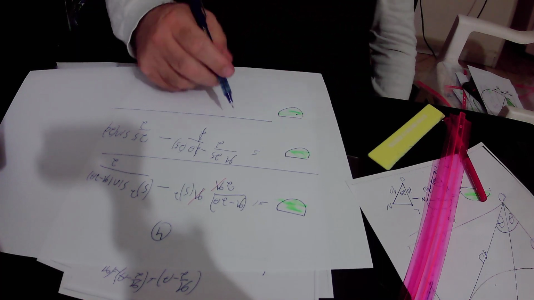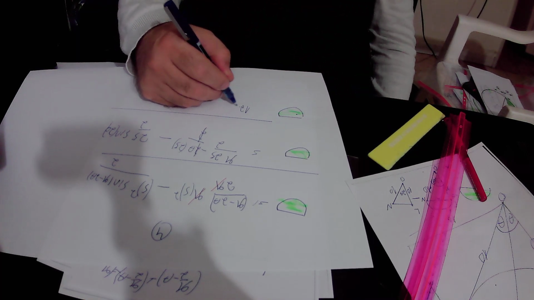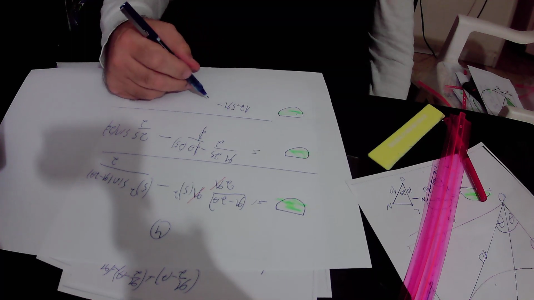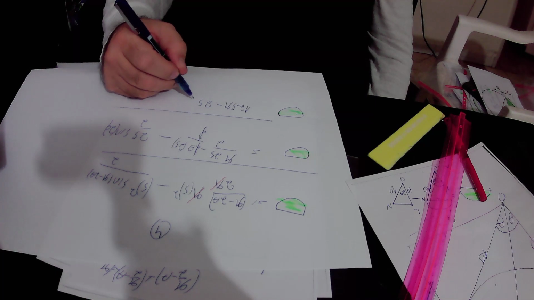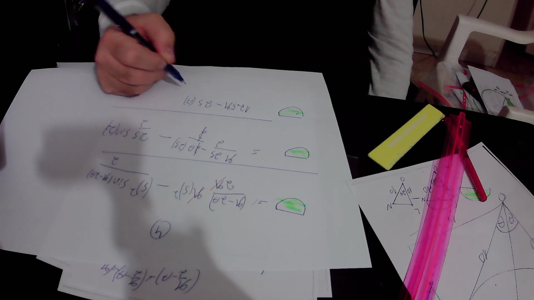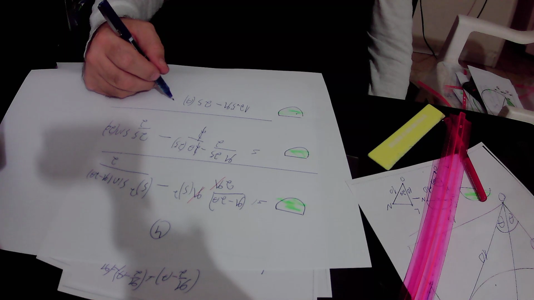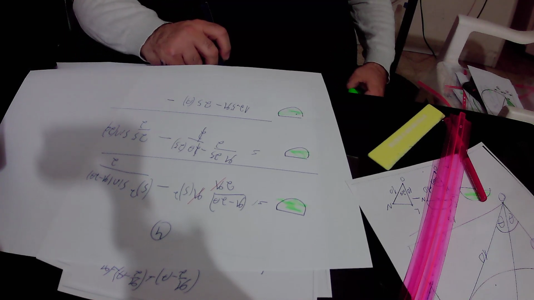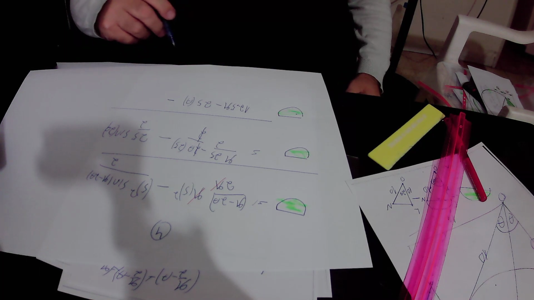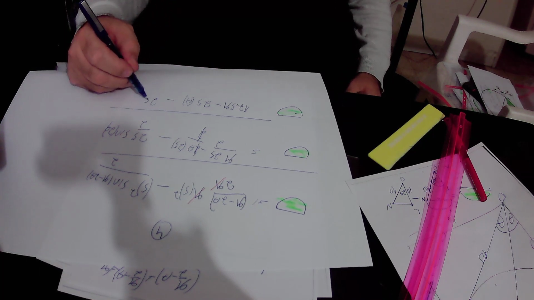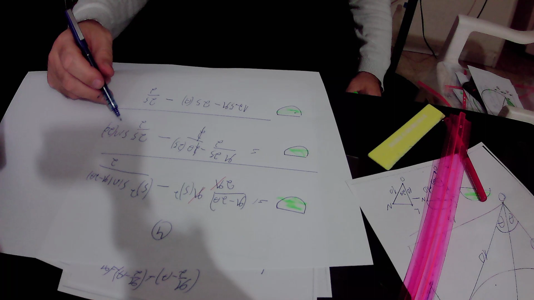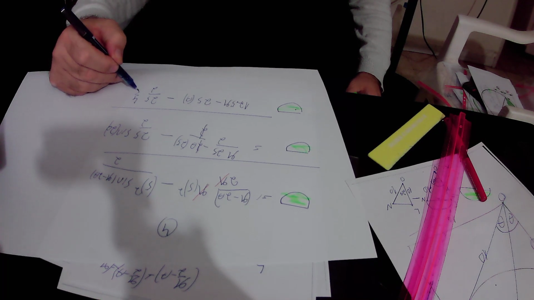25 over 2 is 12.5, so it is 12.5 pi minus 25 theta minus 25 over 2 sine 2 theta, and we already found out that sine theta equals 4/5. So we'll substitute sine theta by 4/5.